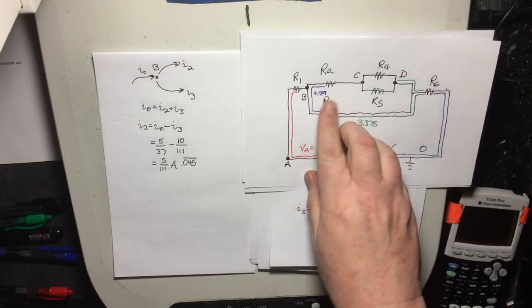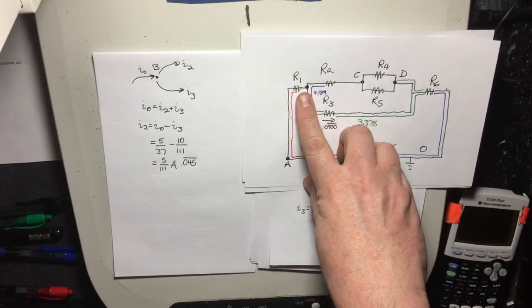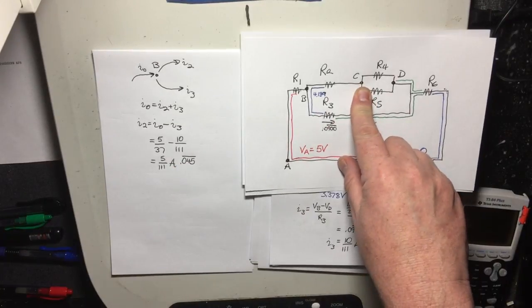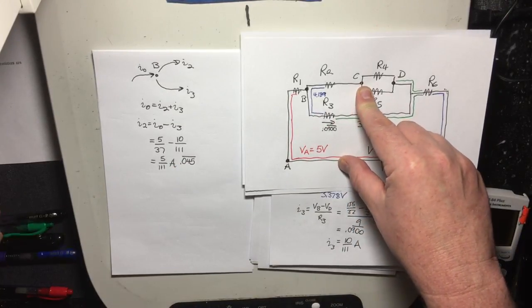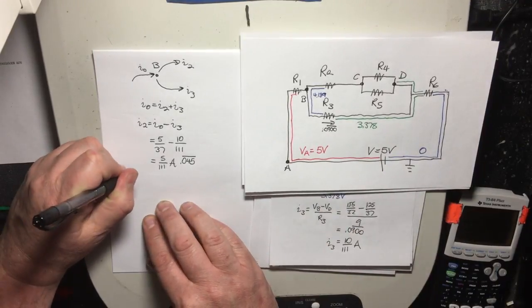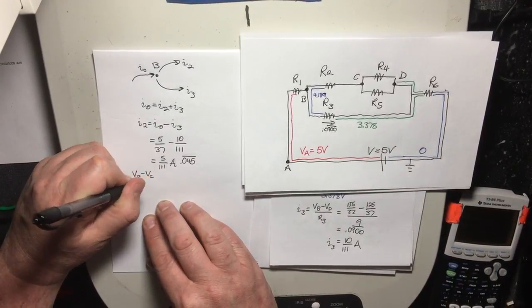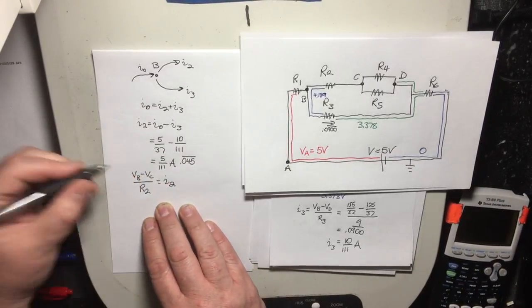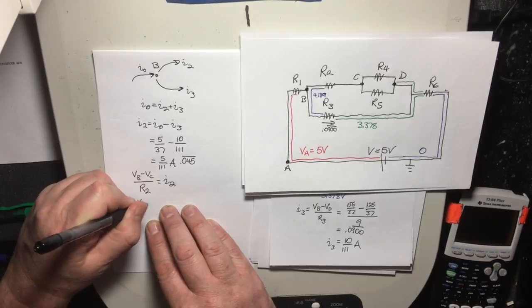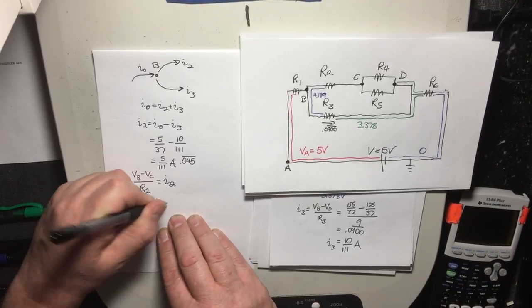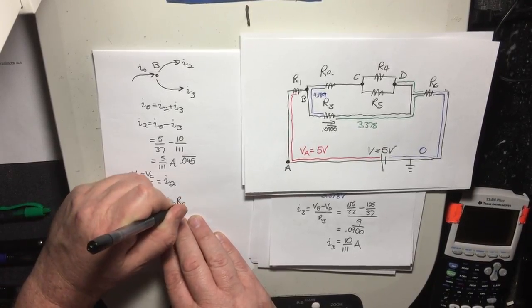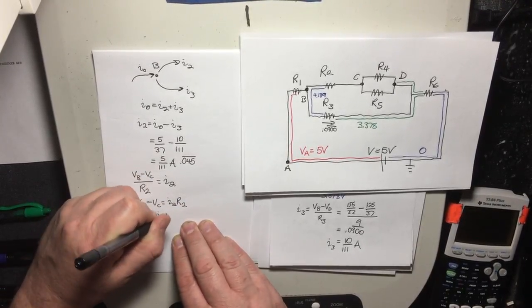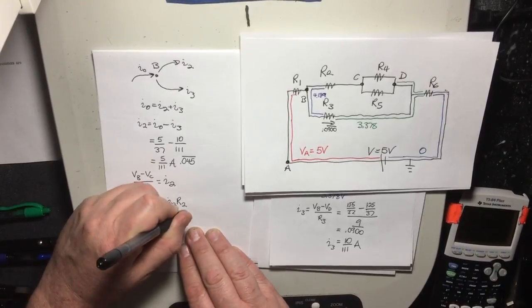With the resistor R2, I know the high, I know the resistance, I now know the current, so I can get C. C is now allowed, the low. VB minus VC over R2 is equal to I2. Solve for VC: VB minus VC is equal to I2 R2, so VB minus I2 R2 is equal to VC.